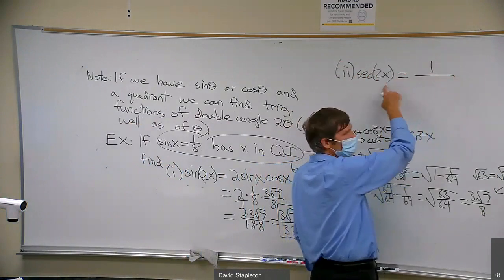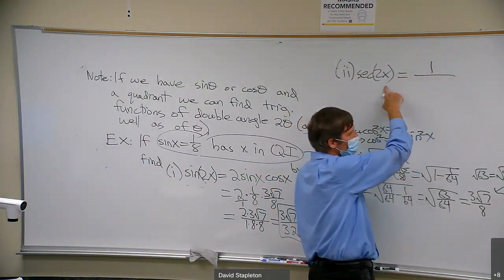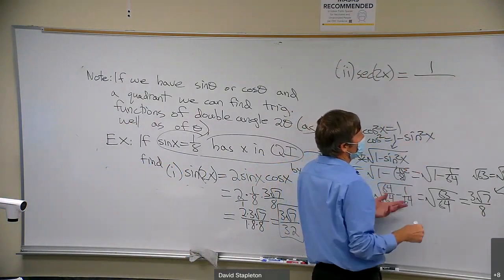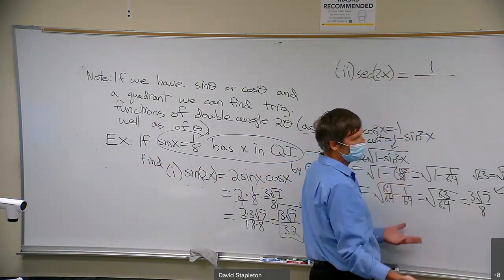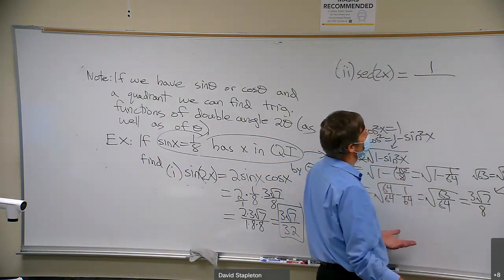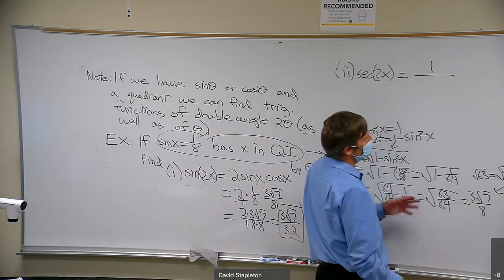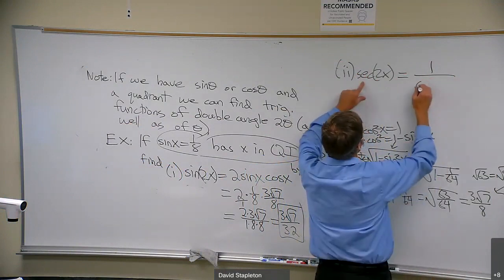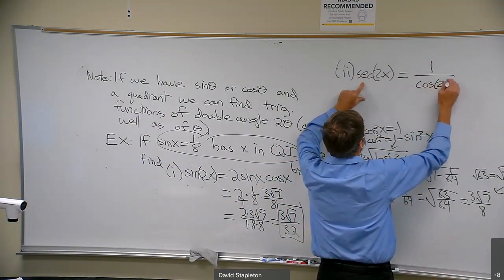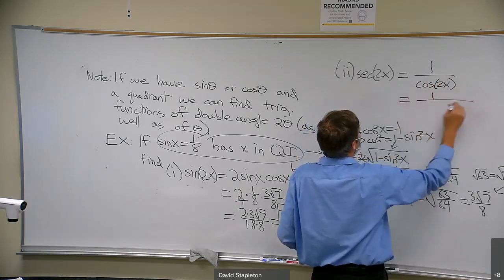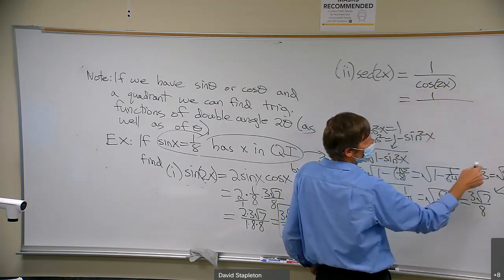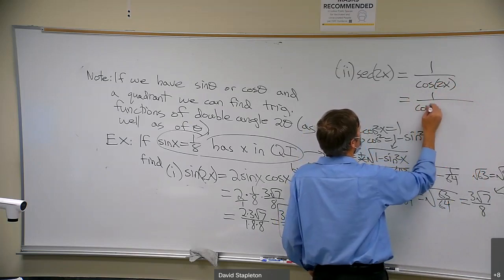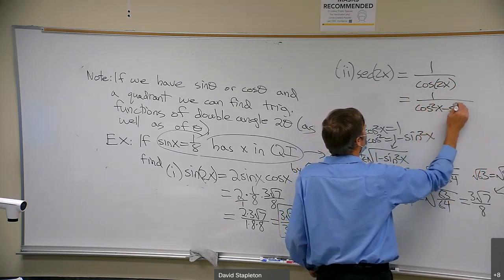Well, I don't have a double angle formula for secant, right? Just like the sum and difference formulas, I'm only going to do it for sine, cosine, and tangent. Those are the 3 in your calculator, so they're the ones you need most. And you can do the other 3 as reciprocals. So I'll just write it as 1 over cosine 2x, and you apply the double angle identity for cosine. Cosine 2x by equation 8 is cosine squared x minus sine squared x.